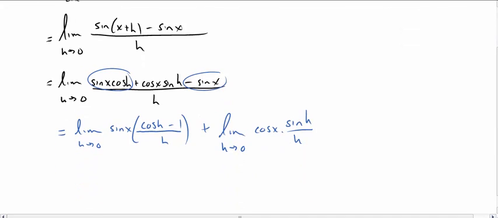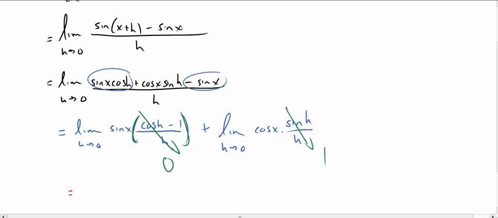But the beautiful, crazy cool thing is, we know that the limit as h goes to 0 of this part in parentheses is 0. And we know this limit is equal to 1. And remember, sine of x doesn't care what h does because it doesn't have an h.